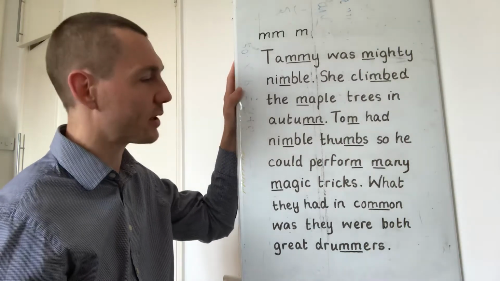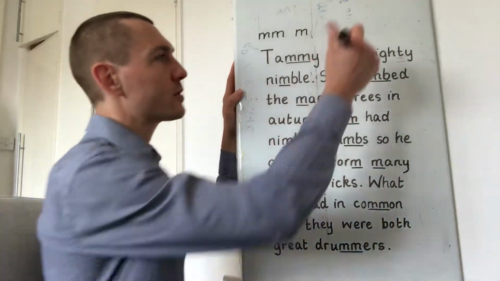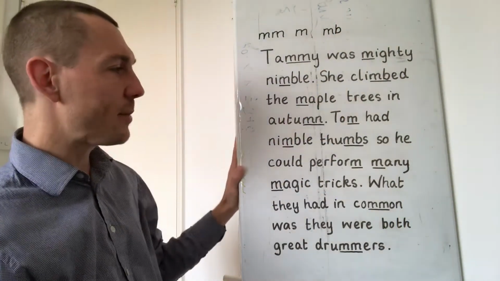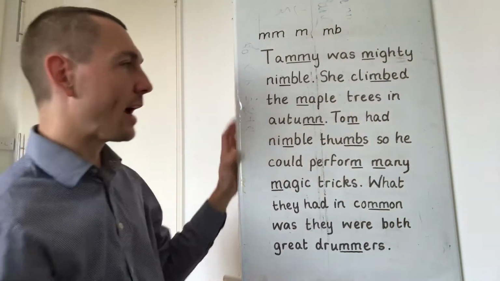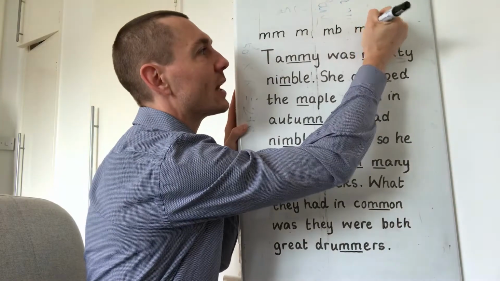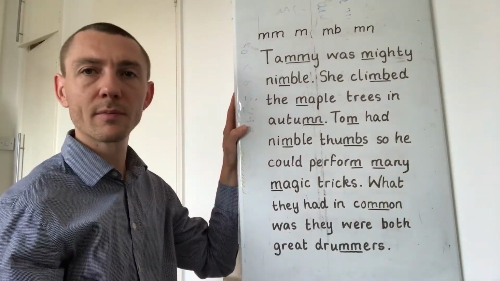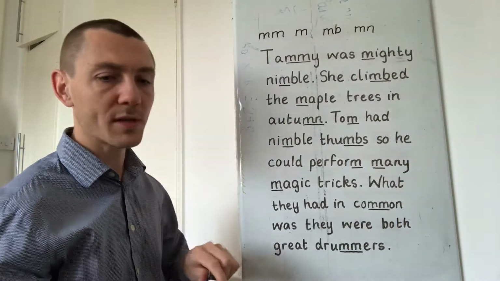That's the most common one that we've got there, isn't it? And we've also got the MB spelling in climbed, and we've got the MN spelling of the sound in autumn. Good. So well spotted, everybody.